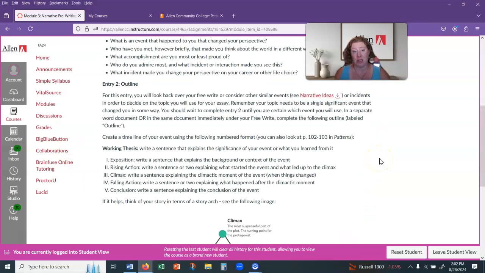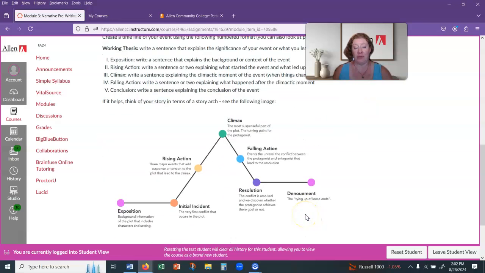Once you've chosen your topic, and I've also got some ideas here as well, then you're going to create an outline. It does not need to be a formal outline, just of events that happen.